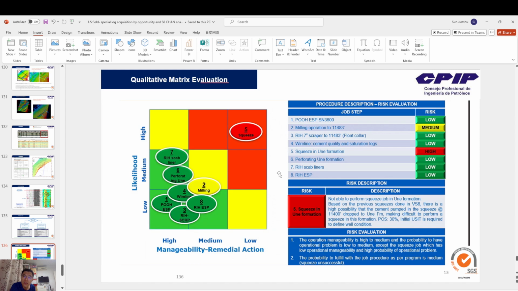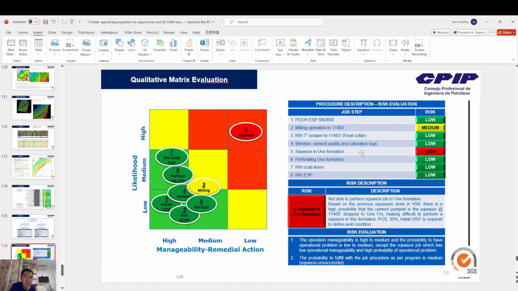This is the qualitative metrics evaluation. Basically, the mill operation to 11,483 feet is medium risk. Squeeze in Wuni formation is high risk. It may not be possible to perform a squeeze job in Wuni formation.